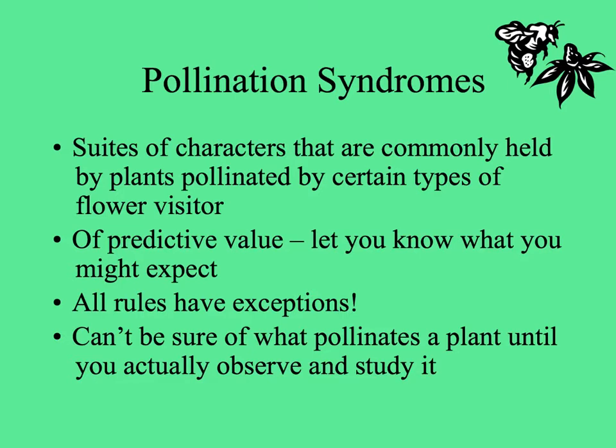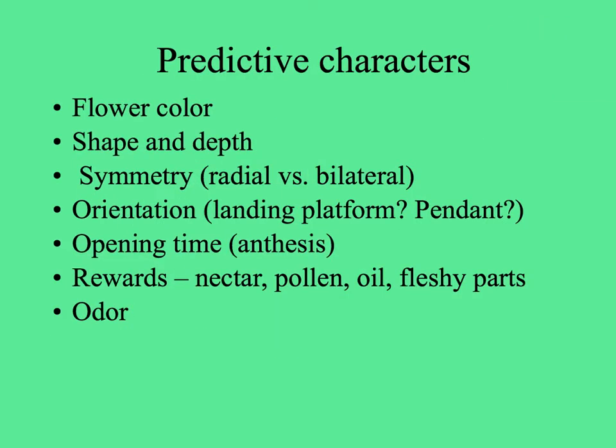But to really know the pollinators, you have to observe it and study it during all the hours that the flowers are open. So the characteristics that go into the syndrome are the color of the flower, the shape, and the depth. These are morphological features. Is the flower radially symmetrical or bilaterally symmetrical? How is it oriented?